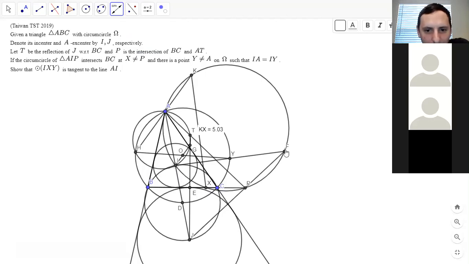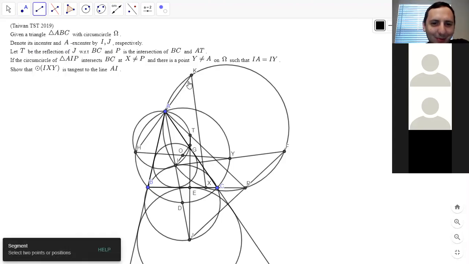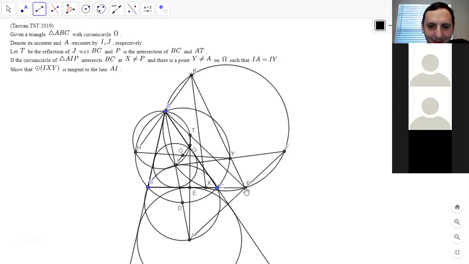No. But Y is the midpoint of IF. So I don't know if we could use the butterfly theorem. Maybe KY and P are collinear. This would be really funny if that were true. No, very close though.